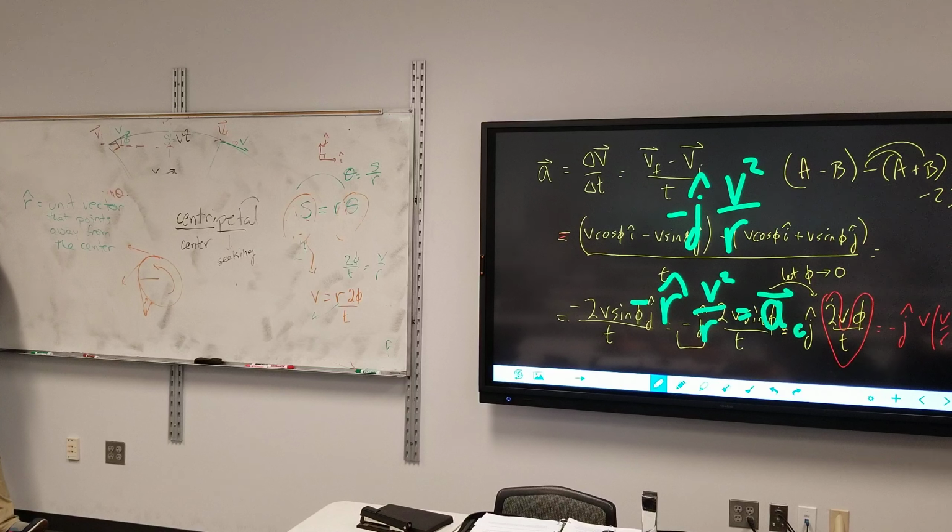So every time that I wanted to exit, there was a force pulling it back in. There has to be some force pulling it back in, because naturally, by nature, it wants to go in a straight line. If it's not going in a straight line, there's got to be something causing it to change its path. And that is the centripetal force.